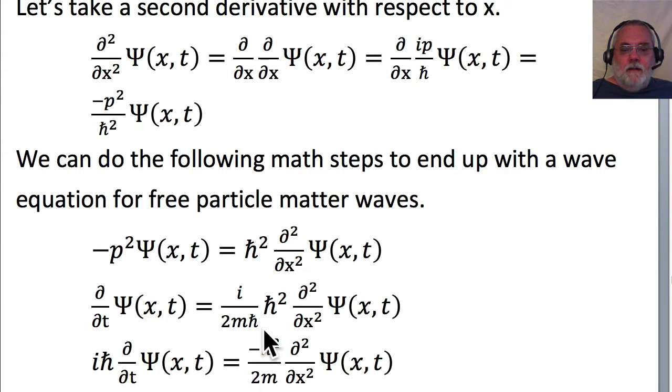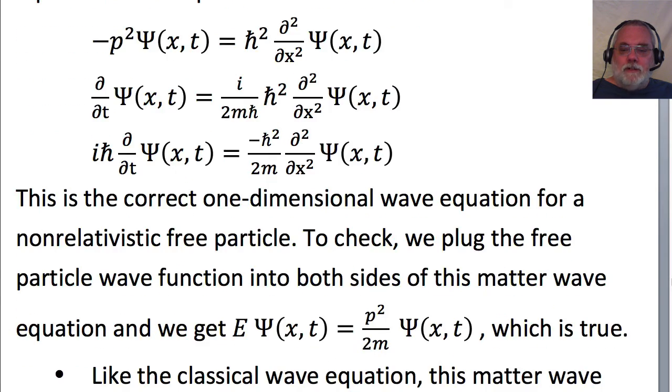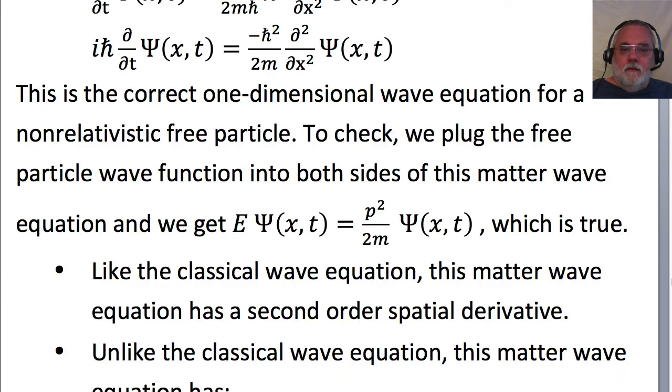And if we pull the i and this h bar over to the left hand side, we get i h bar times the first time derivative of psi equals minus h bar squared over 2m times the second derivative with respect to x of psi. This is the correct one-dimensional wave equation for a non-relativistic free particle.